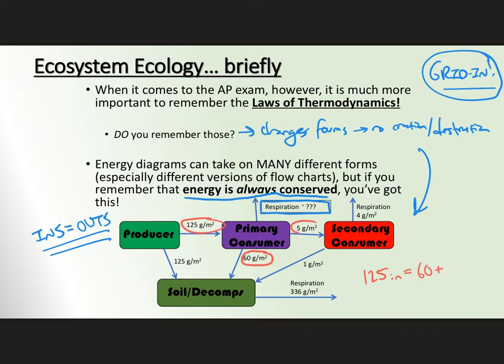And I've got 5 grams per meter squared that go on to secondary consumers, just a fraction of it that would go on to that next trophic level. And then it wants to know what respiration would be. If I set up a little formula like this, then I just have some algebra to do, and I can see that x equals 60. This is a really typical type of grid-in question that we might see, so you want to make sure that you're comfortable with that.